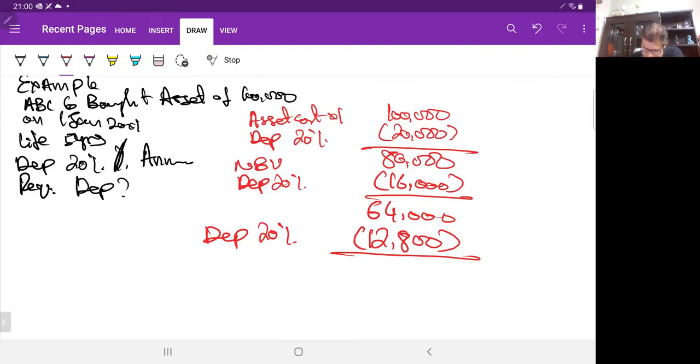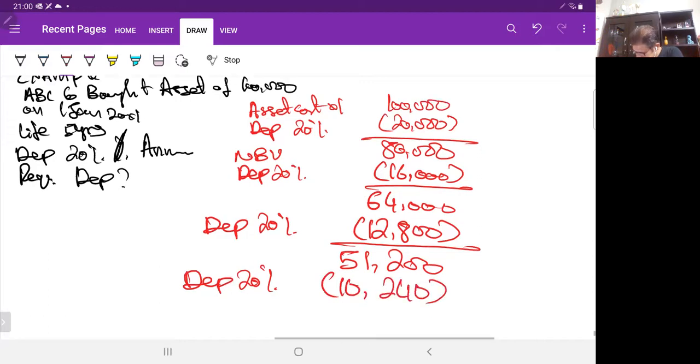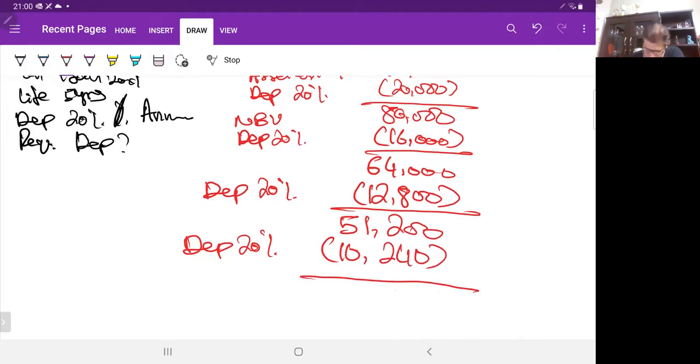Sixty-four thousand minus 12,800, we get 51,200. Then depreciation again 20%, 10,240. Minus 10,240.